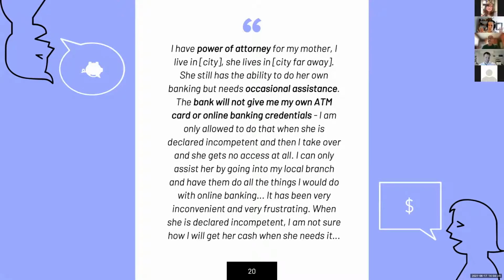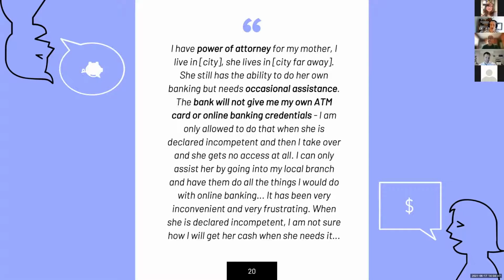It's a black and white binary type view, and it's really not accurate. There's a big spectrum between not needing any help at all ever and being completely incompetent and not being able to do anything and having somebody else act completely on your behalf. There's a lot of gray area in between, and that is not viewed or recognized by banks or generally by e-services at all.